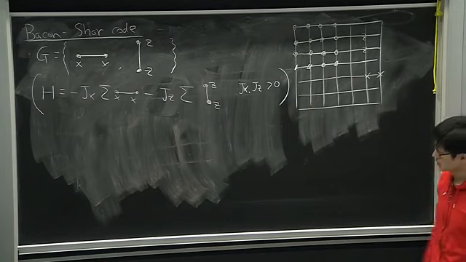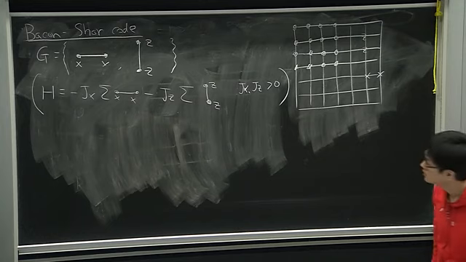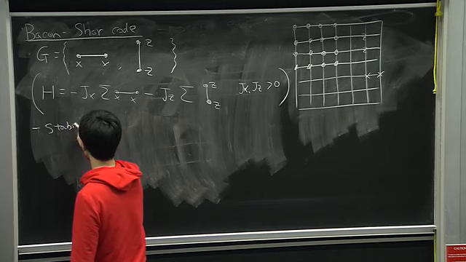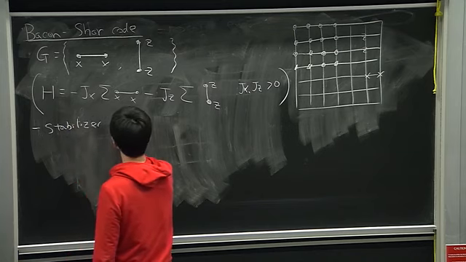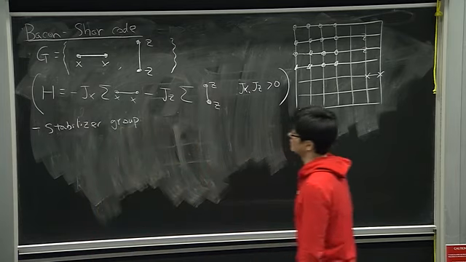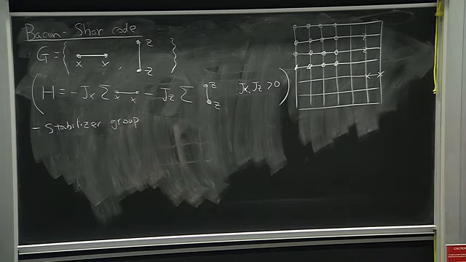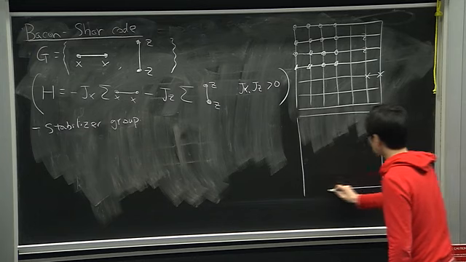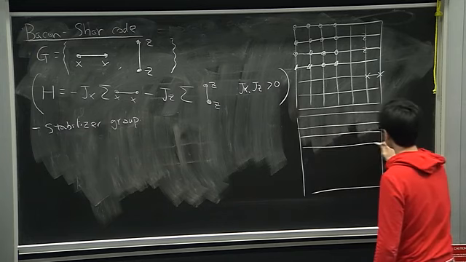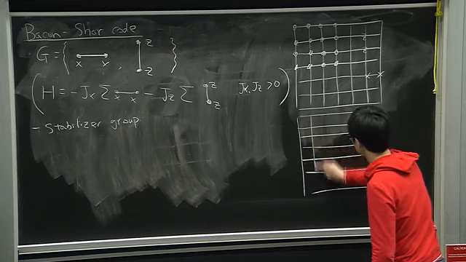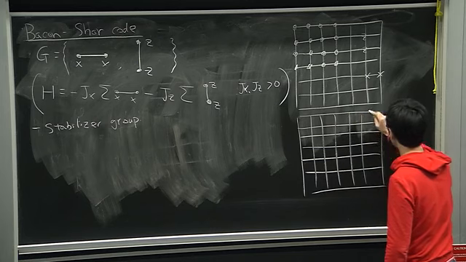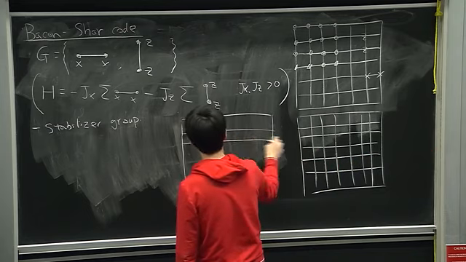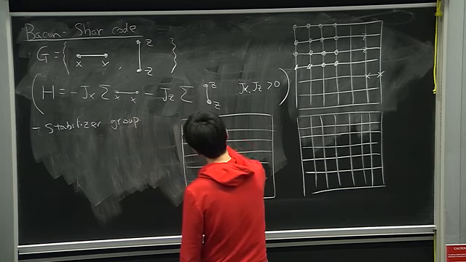So first, given this gauge group, we want to find the stabilizer group. It is like a symmetry of the G. So then this is something you can just do by speculation, but one, two, three, four, five.